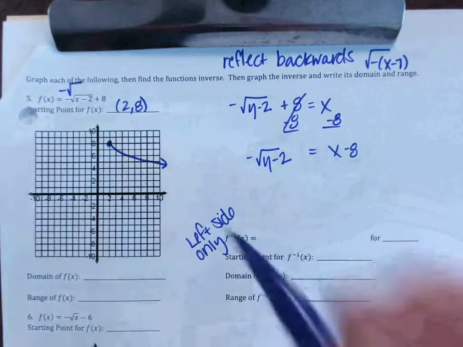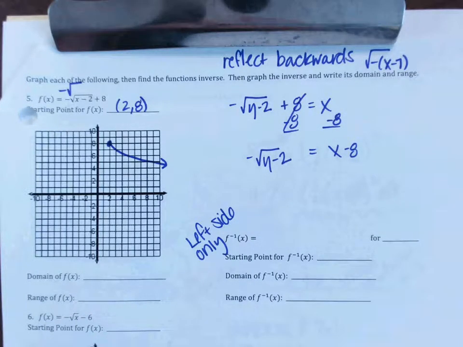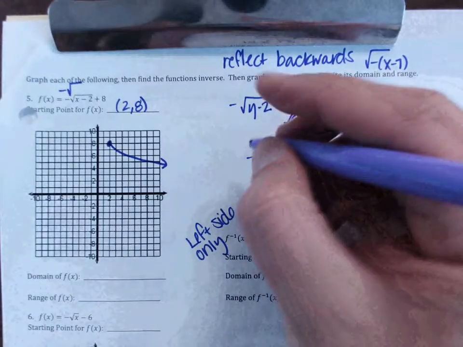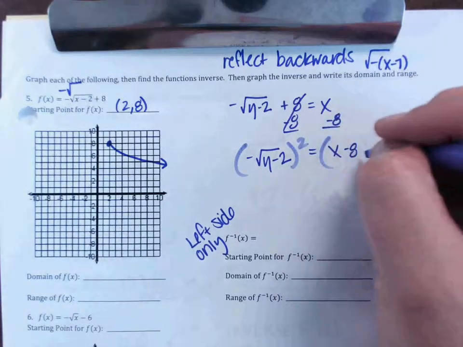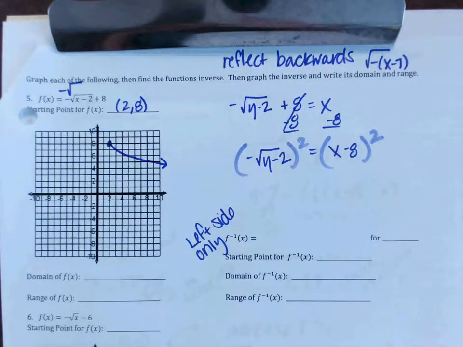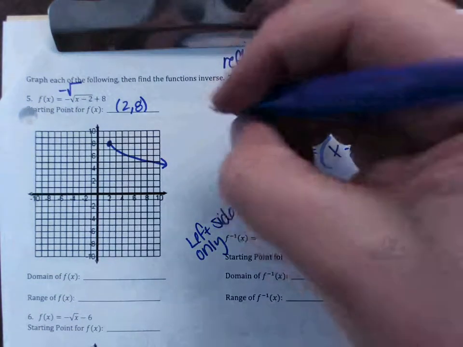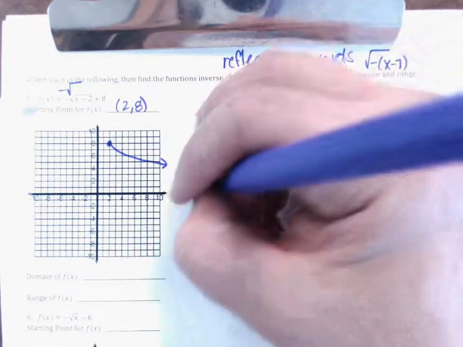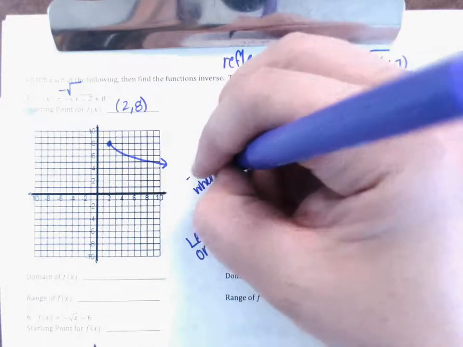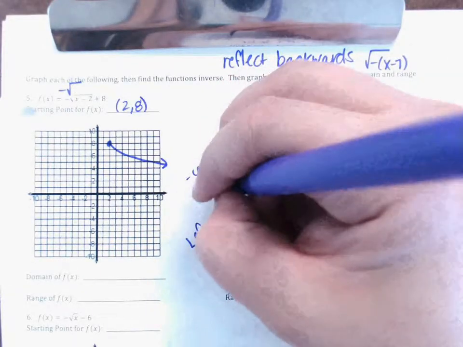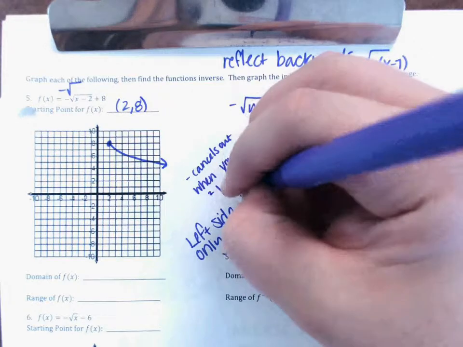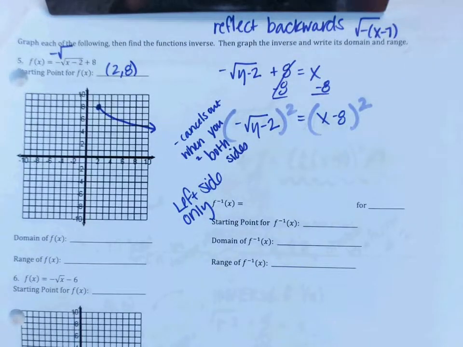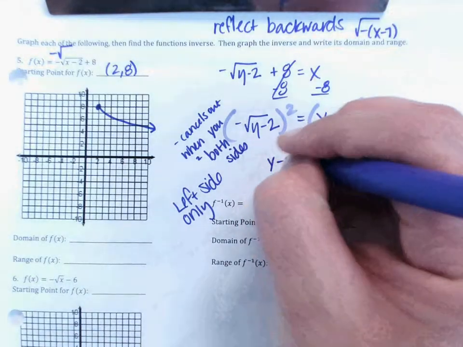However, when you square both sides, what's going to happen to that negative? It's going to turn positive anyway. Negative cancels out when you square both sides. So I just have a y minus 2 left over.